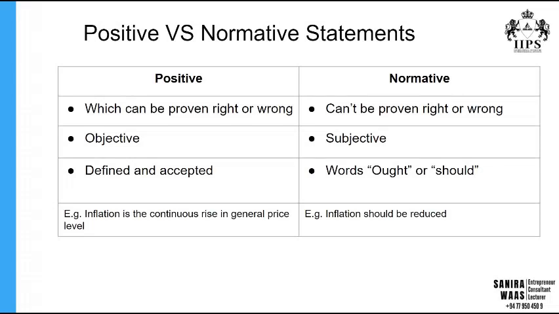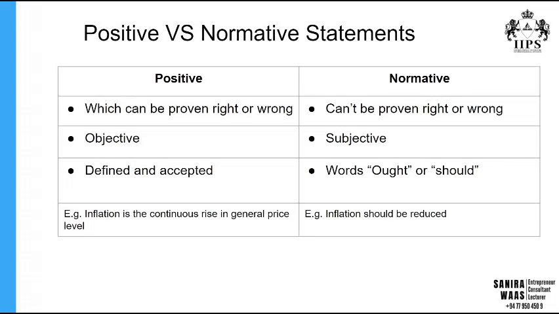This is an individual judgment. This can't be proved right or wrong all the time. Inflation should be reduced, maybe right or maybe wrong. This statement is 100% subjective, and it depends upon other factors of the economy or the environment.